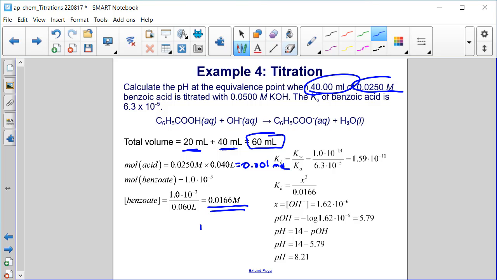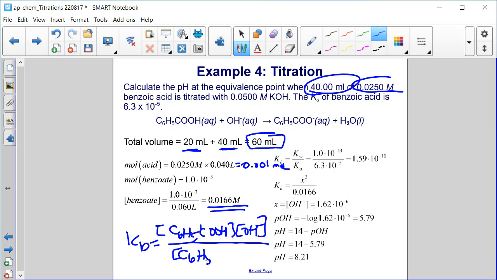Kb is the concentration of C6H5COOH times OH minus, over the concentration of the benzoate at the equivalence point.